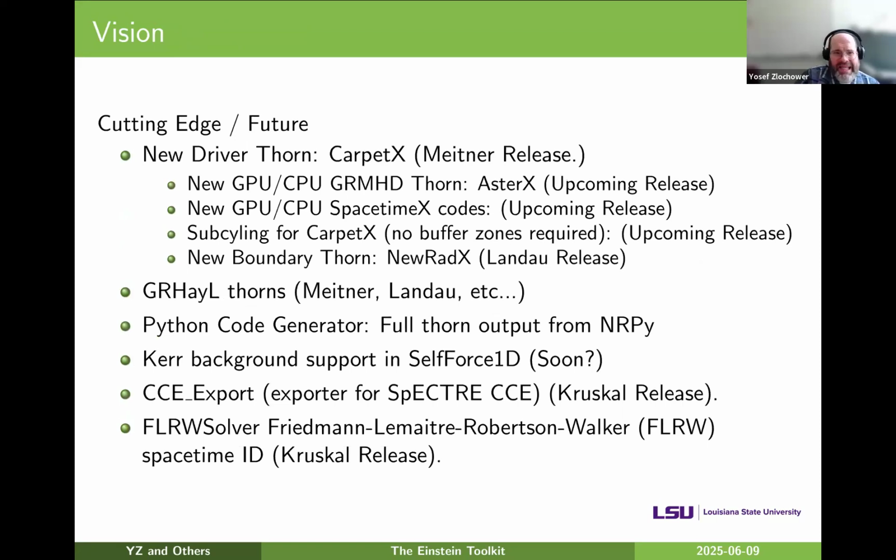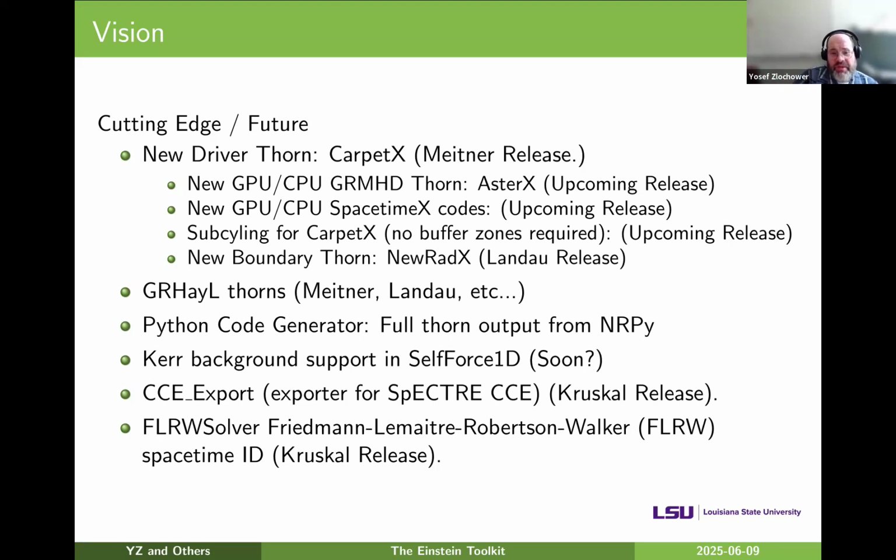Okay. The Einstein Toolkit is a living system, so new thorns are added on a regular basis with new features. There's a new driver thorn called CarpetX, which has recently been added, and it supports calculations on accelerators as well as traditional CPUs.